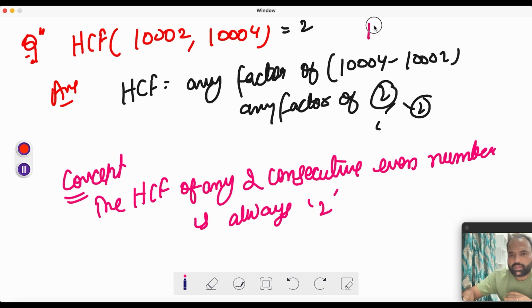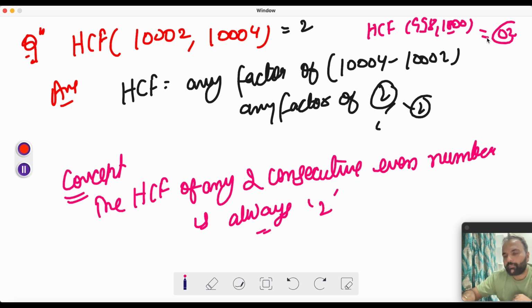It could have been HCF of 998 or 1000. These are two consecutive even numbers. So the HCF of any two consecutive even numbers would always be 2. So you can blindly write 2. You need not pick up a pen or do anything.